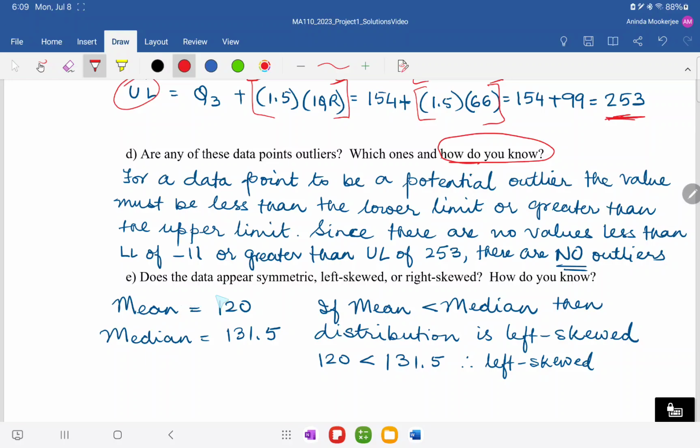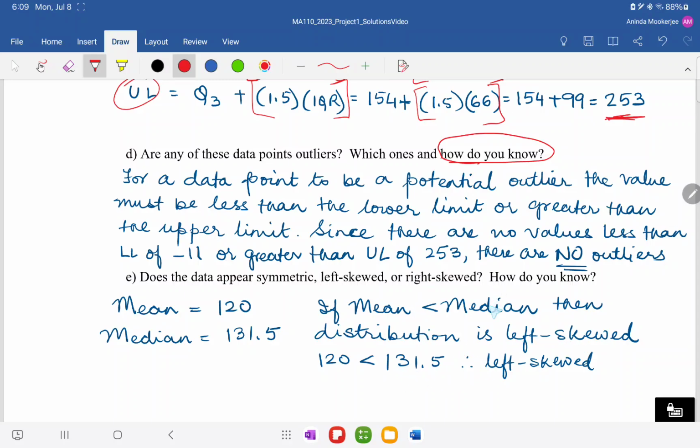And then part E says, does the data appear symmetric, left skewed or right skewed? How do you know? Now, in order to answer this question, you have to look at the mean and the median values and compare. If mean is less than median, then the distribution is left skewed. So mean less than median means mean falls to the left of the median, so that makes it a left skewed distribution.